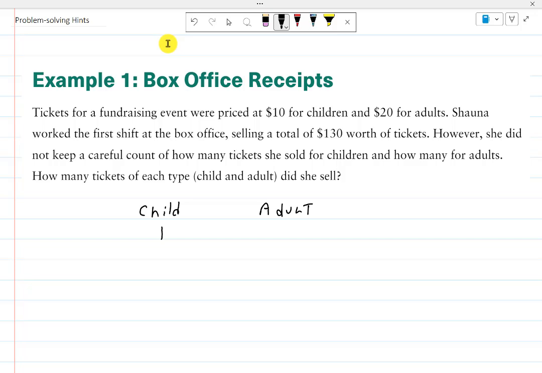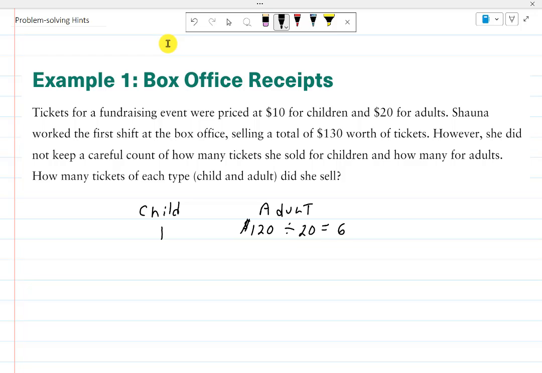That means that there is $120 left. So with one child, that means we have $120 left. Well, if we take that and divide it by 20, we get our 6 adults. So one child and 6 adults. That is an answer. That's not the only answer.